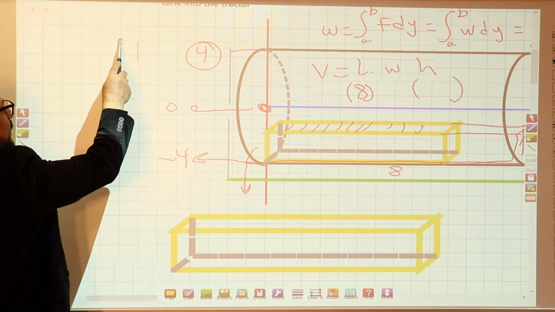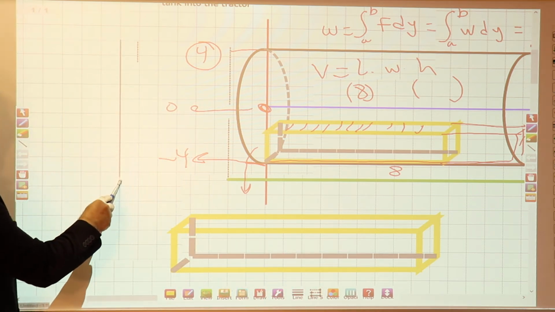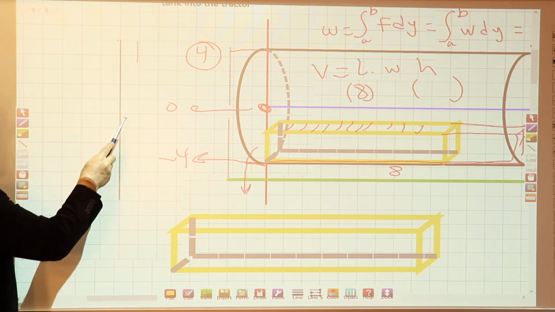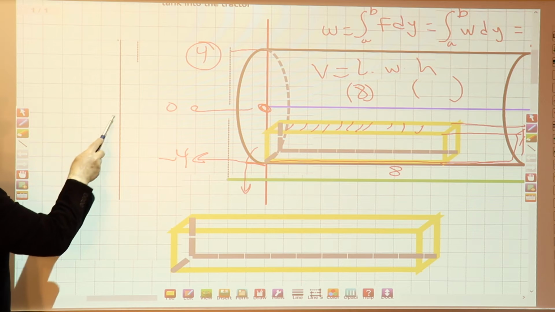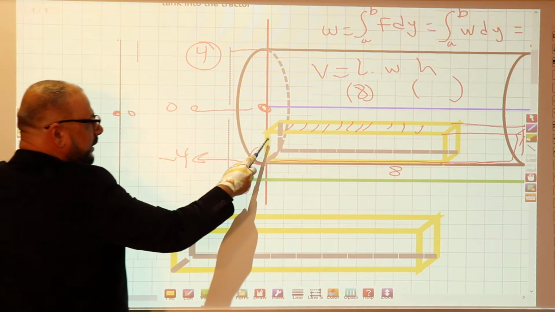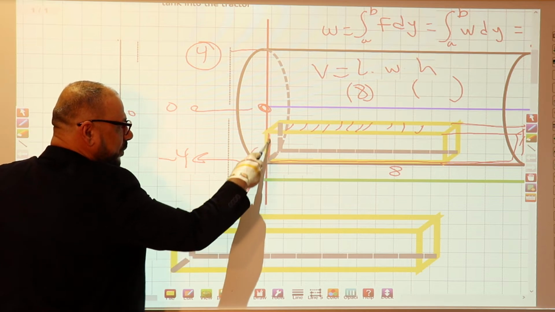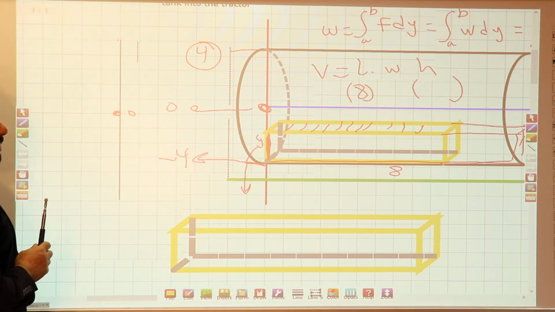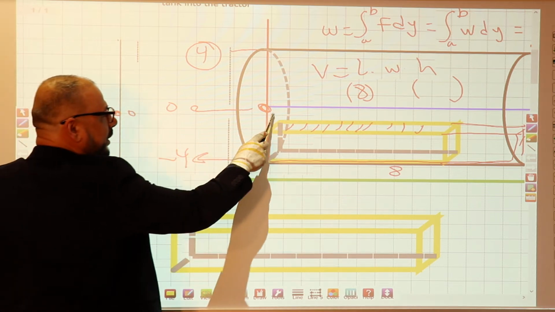The height, here to here, okay? And this is the 0. This is 0, right here. Now let us take a small section, which is y here, right? Small section, which is what? Y, and this what?